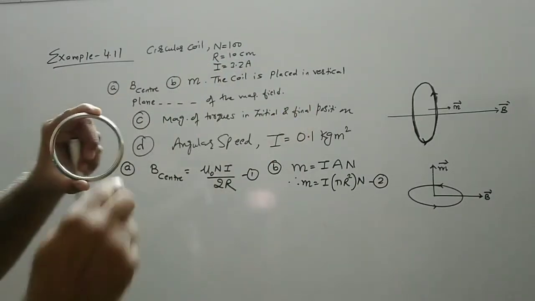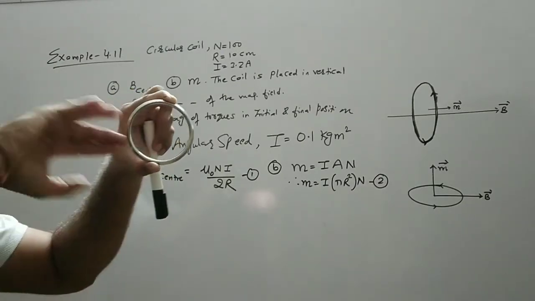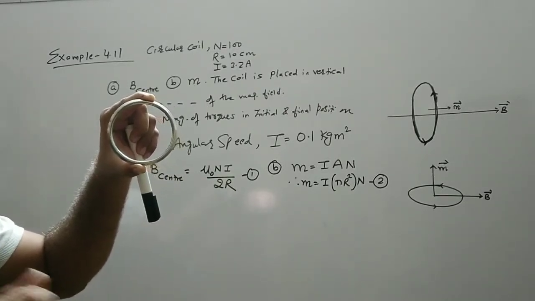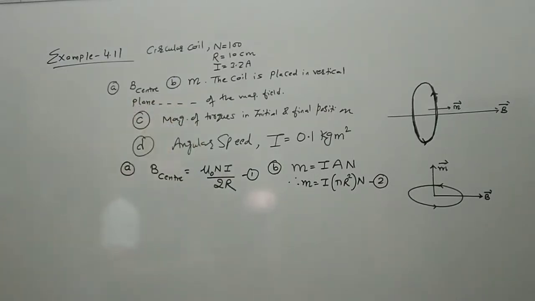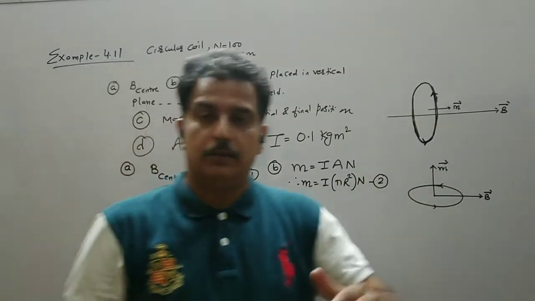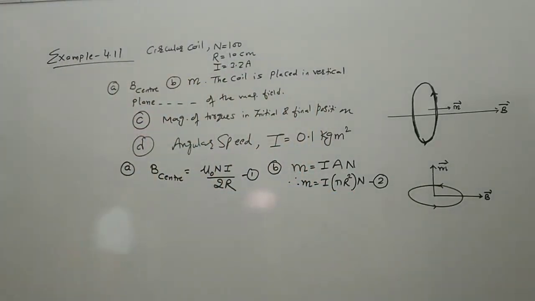Or we know that if the current is anti-clockwise, it behaves like a north pole and the back face behaves like a south pole. So the magnetic moment is from south to north. So either you apply the right hand thumb rule, or you learn the convention that a magnetic dipole moment is from the south pole to the north pole. Now let us come to the third part.